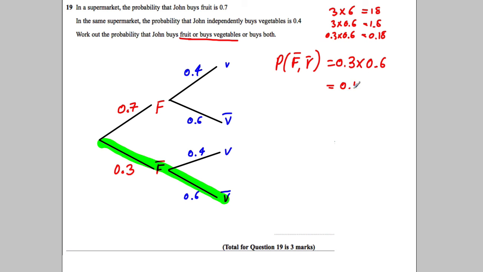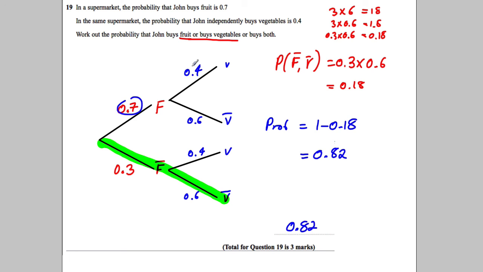So it's 0.18, and therefore all the others must add up, must be 1 subtract this. So the probability we're looking for must be equal to 1 subtract 0.18, which is actually equal to 0.82. So the answer is 0.82.